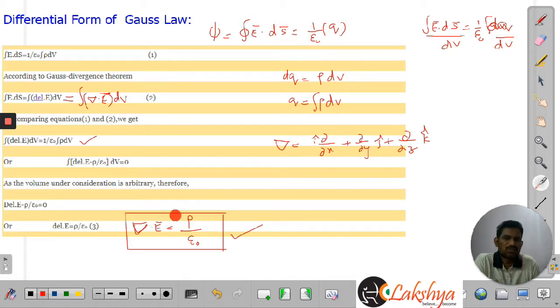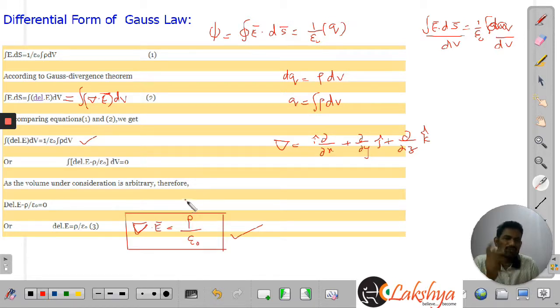Suppose only the x component of the electric field is there. Then I can express it as dou E by dou x. For example, substituting this operator here, this is a dot product. You should remember our differential form is del bar dot E bar is equal to rho by epsilon naught.